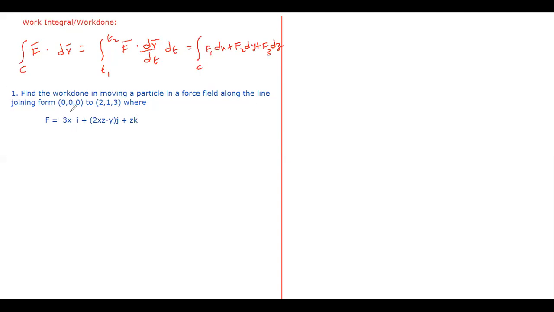So I have to write 3x square i bar plus (2xz minus y) j bar plus z k bar. Okay, so how do we solve this problem? First, whenever it is possible, try to draw the graph, try to visualize this figure.